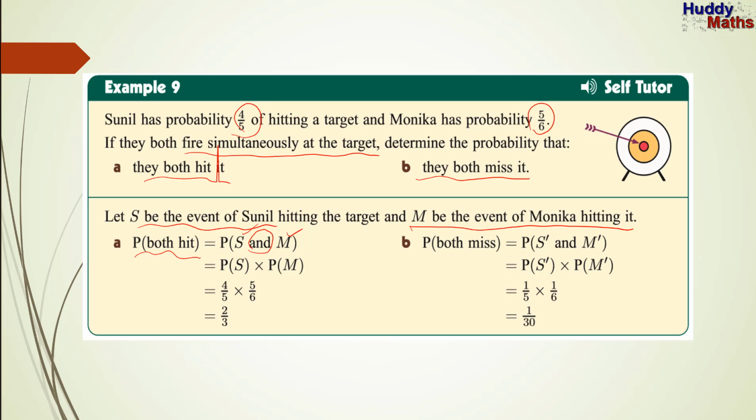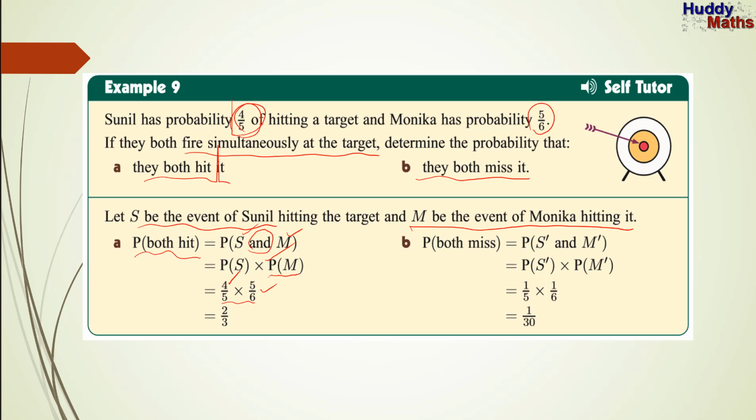So we use our rule of independence, timesing. Okay, so here, what's the probability of S? That is Sunil getting the target. There it is up there, 4/5. And of Monica, here, 5/6. And in other words, we're going to times them together.